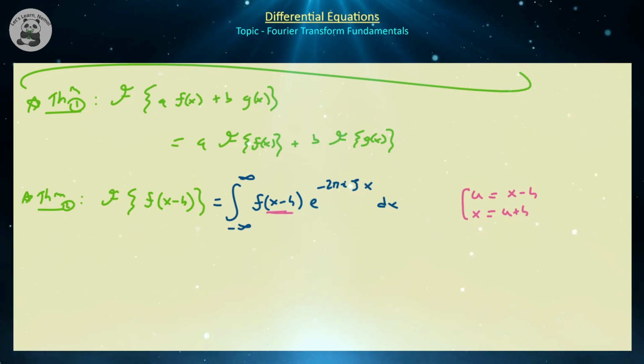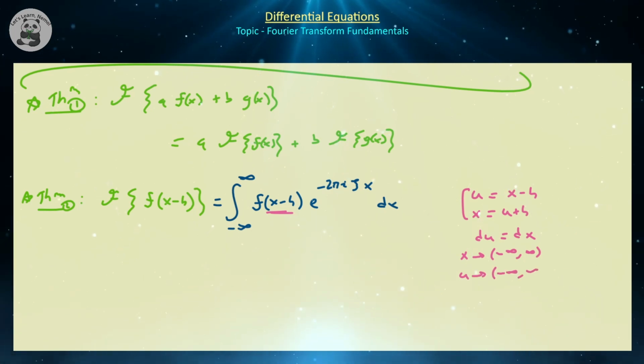So that means that du will just be equal to dx because h is just a constant. And obviously as x goes from minus infinity to infinity, shifting by h isn't going to change anything, so u will also go from minus infinity to infinity as well.